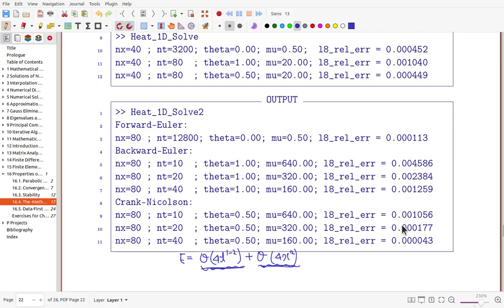And when the number of points is 20, rather than more than 10,000, 12,000 time levels, you can choose only 20 time levels to get the accuracy. So in implementation and designing the algorithm, the Crank-Nicolson method is a little bit more complicated. However, eventually, this Crank-Nicolson method is way more efficient and way more accurate.